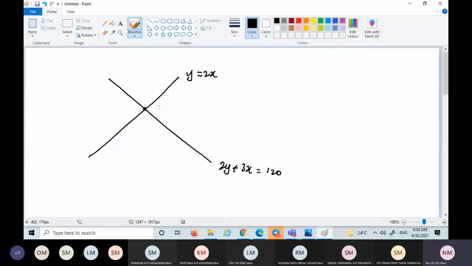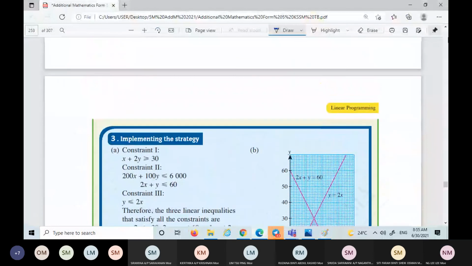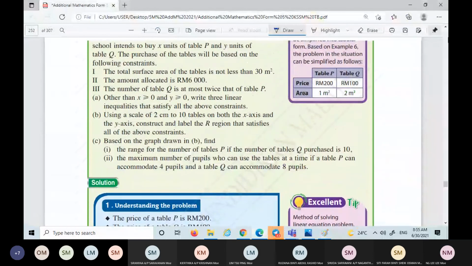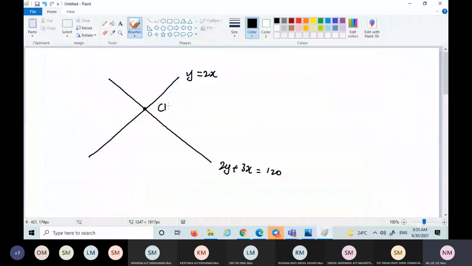Here the intersecting point is, from the textbook, 17.14, 34.29.